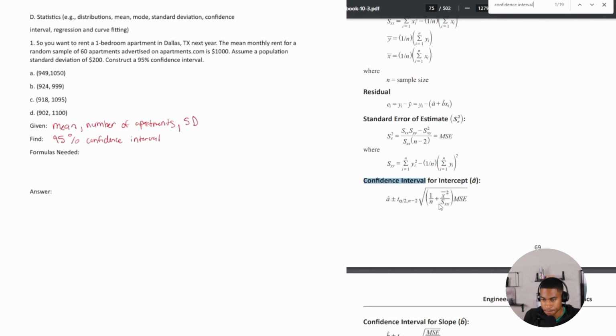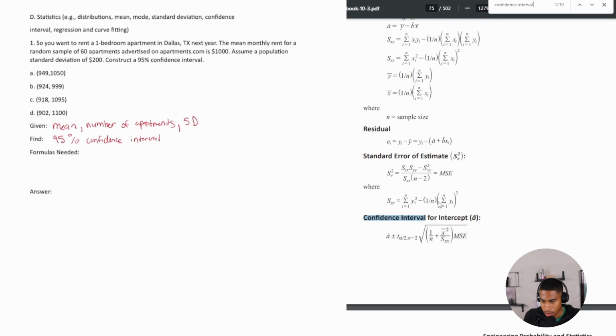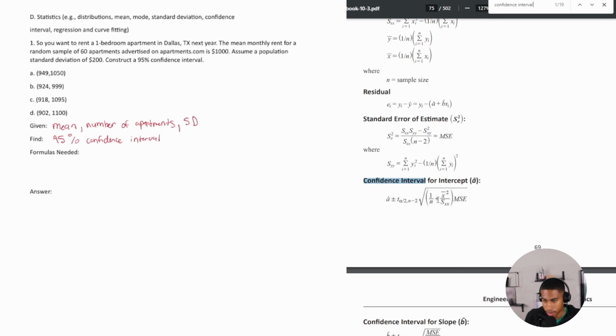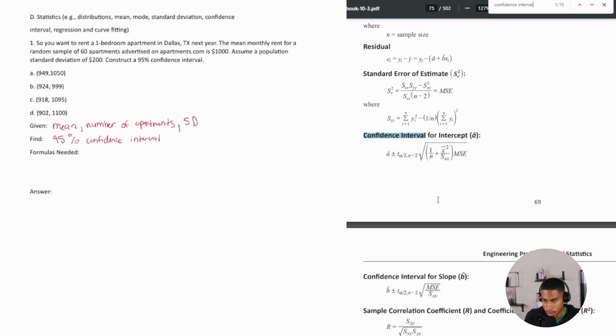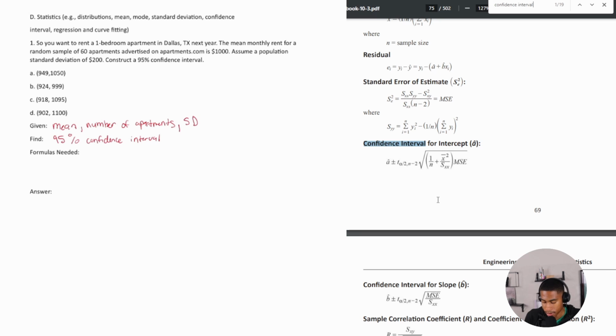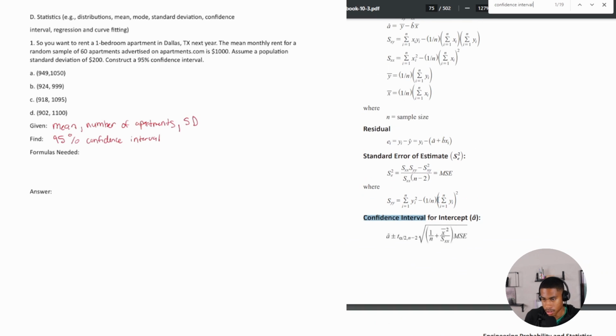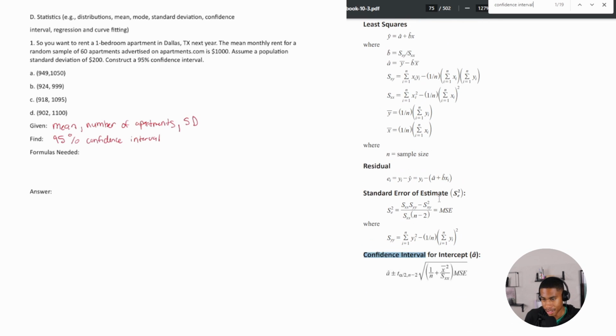So I start to look at my variables, right? And see the information that I'm given. N is going to be my number of samples, which is 60. SXX. What's MSE?